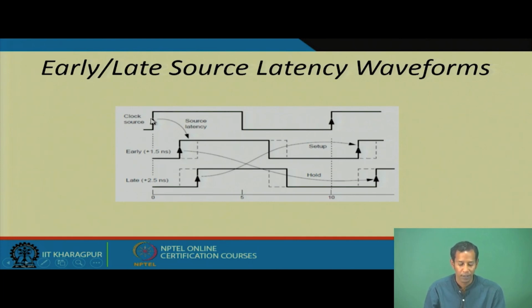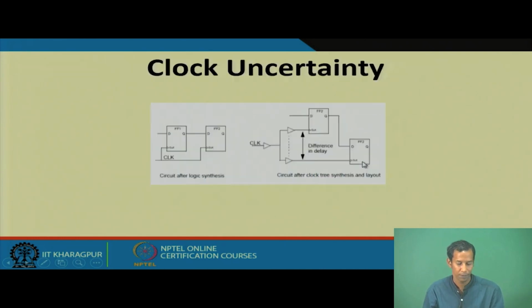Depending on this clock latency delay, the corresponding edge will occur here, which is 1.5, and for 2.5 nanoseconds of latency, you will be getting the corresponding edge after 2.5 nanoseconds. So, at this particular edge you can check the hold, and at this particular edge you can check the setup.